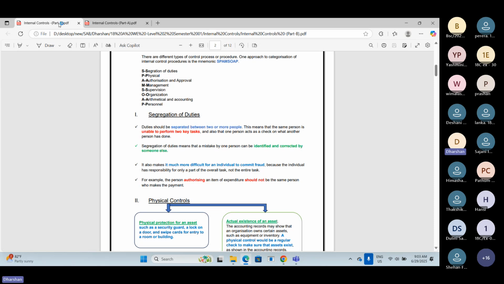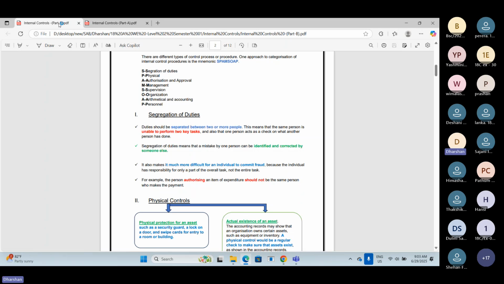Here, the most important thing you can see in any process control is segregation of duties. You can remember that segregation of duties should be the most important control in the control activity.